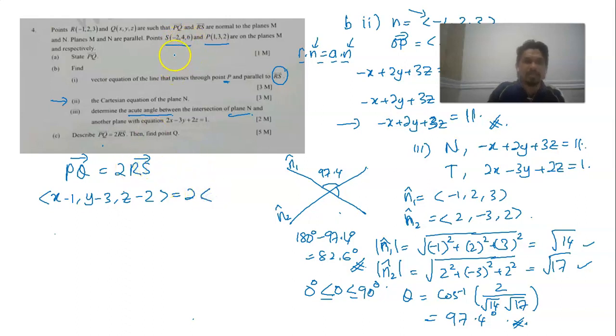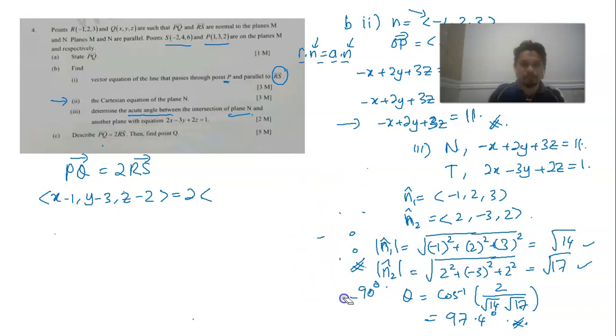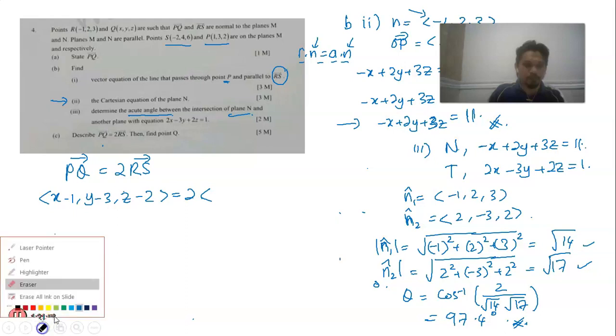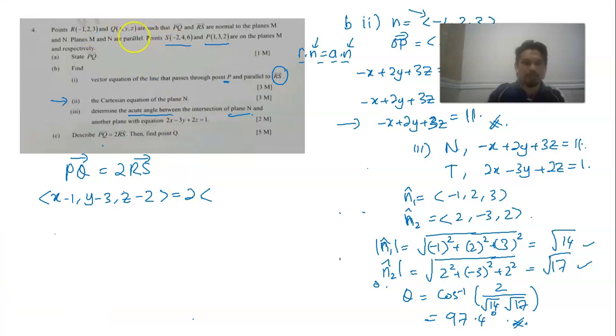So R to S is the coordinate of S minus R: -2 minus -1, 4 minus 2, and 6 minus 3.